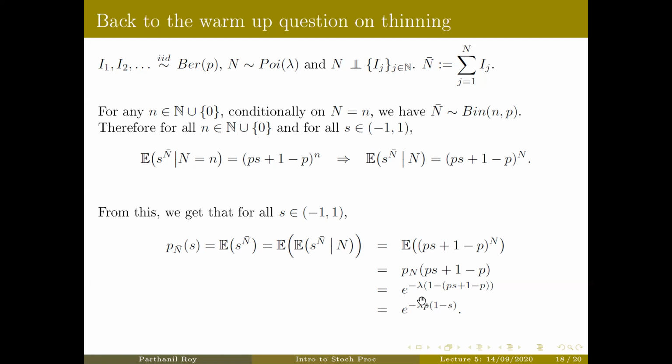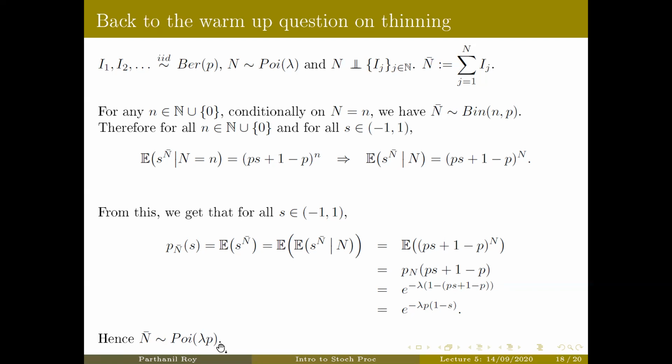So therefore, by our theorem, N bar follows Poisson with parameter lambda times p. So the PGF uniquely determines the distribution of a non-negative integer valued random variable. And in this case, N bar happens to be a non-negative integer valued random variable, and its PGF is the PGF of the Poisson lambda p distribution. And therefore, N bar has to follow Poisson lambda p.